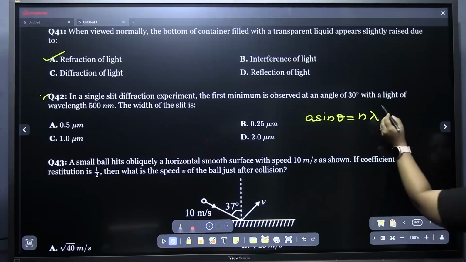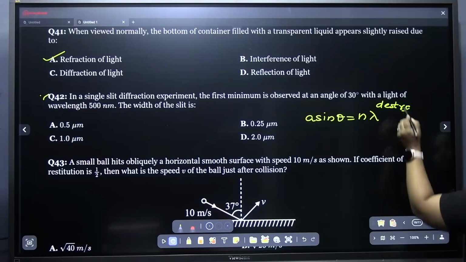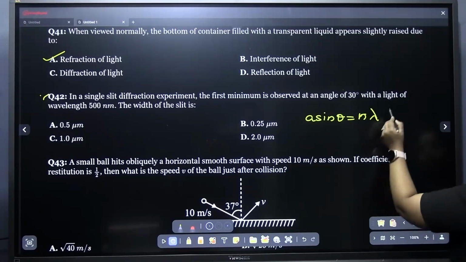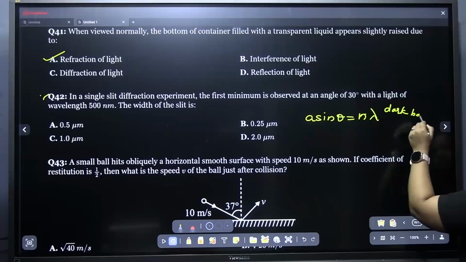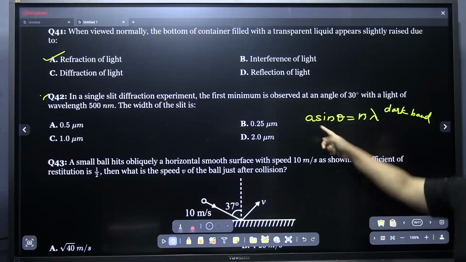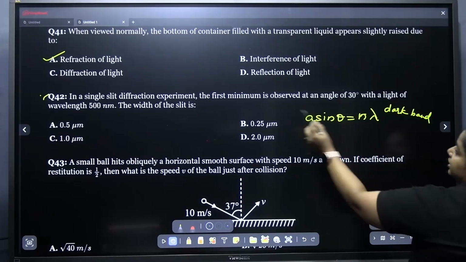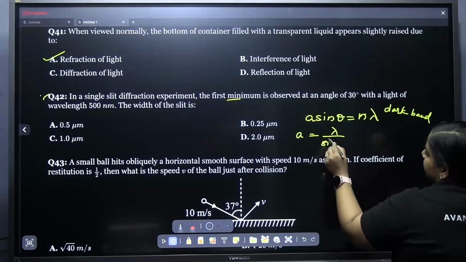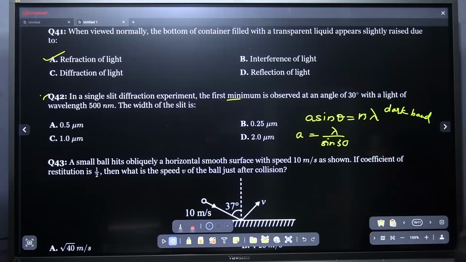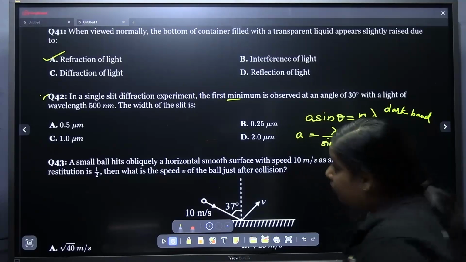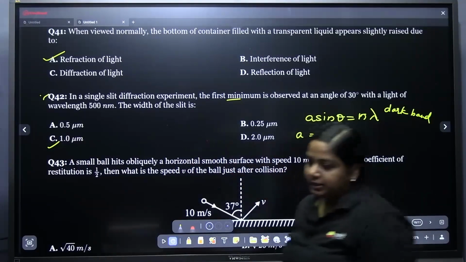This is the criterion for destructive interference, the dark band or minima. Theta and lambda are given, and a you have to find. Since it is the first minimum, n equals 1, so a equals lambda by sin 30. You will get the answer as 1 micrometer. Option C, yes, good.